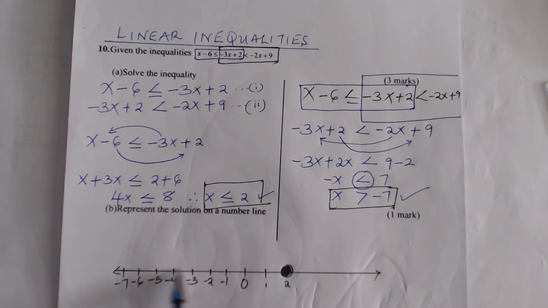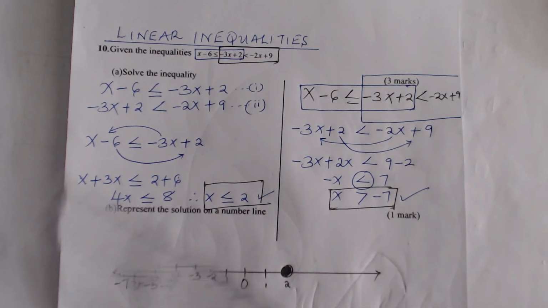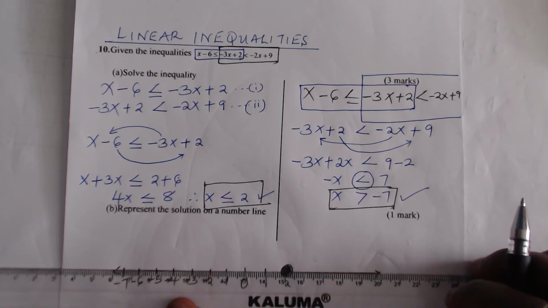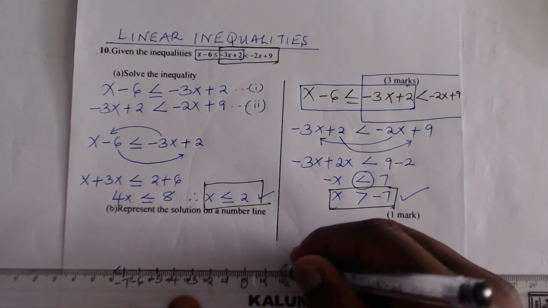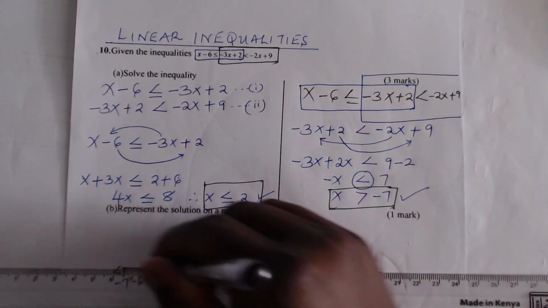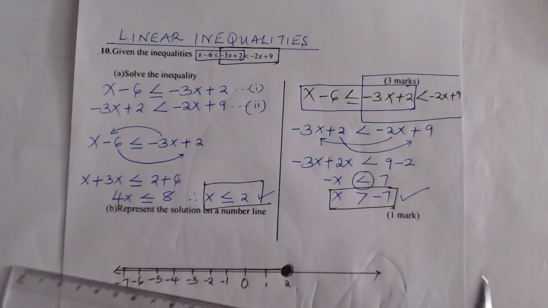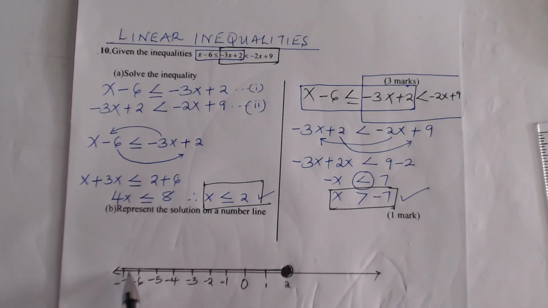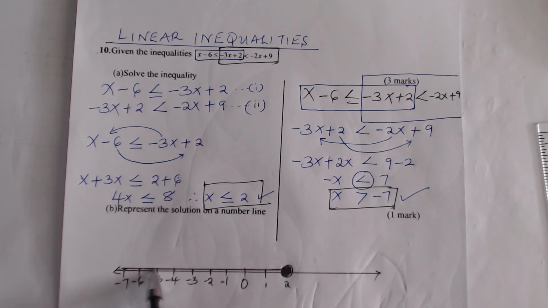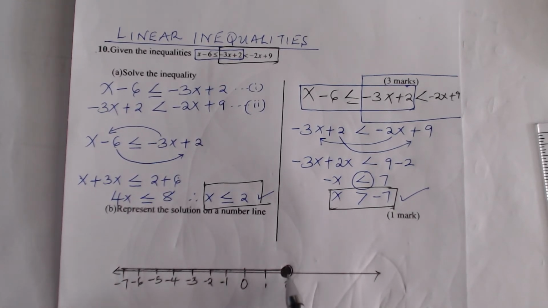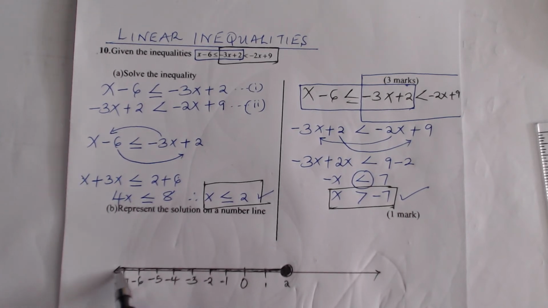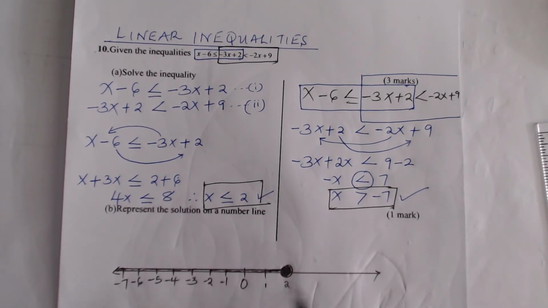I'll draw it darker to show all the values to the left satisfy. So 2 and the values to the left of 2. That is the meaning of less than or equal to 2: 2 is included, then all the values to the left.